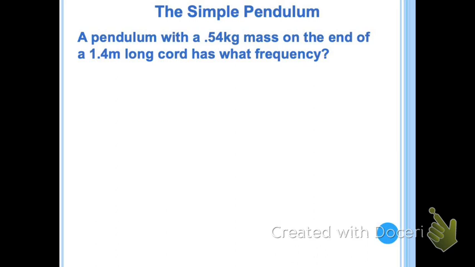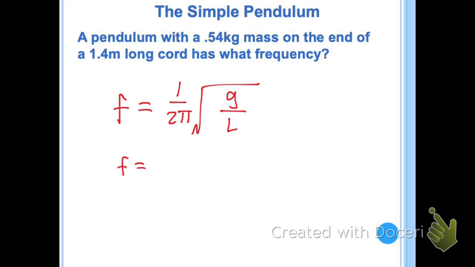If I'm going to solve for frequency, I'm going to take 1 over 2 pi square root of g over L. So frequency equals 1 over 2 pi times the square root of 9.8 over 1.4.